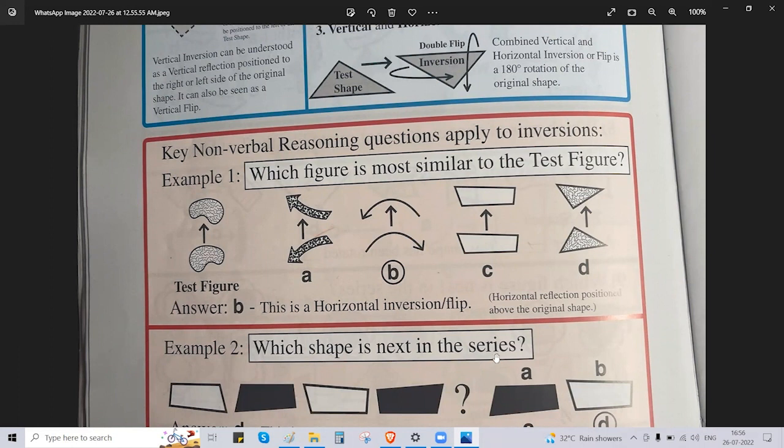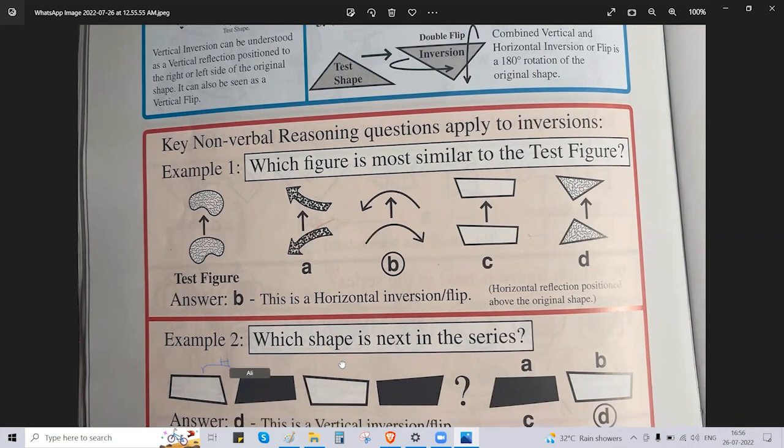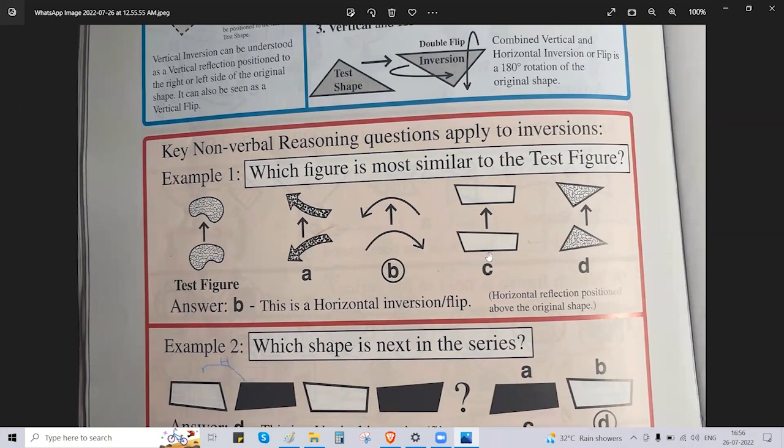What I can see in the series is that first it's flipping horizontally, then it flips vertically. First, it flips horizontally like this, and then it flips vertically like this, and then it flips horizontally again. So that's the sequence. Then the next flip should be a vertical flip.